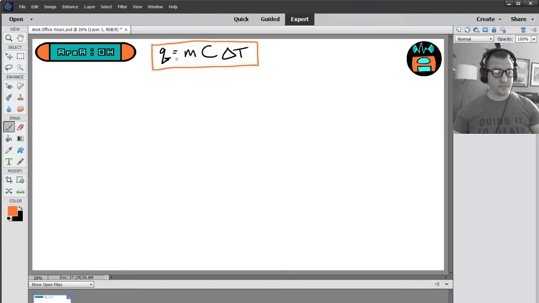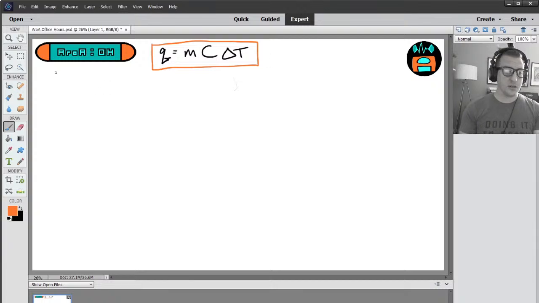M is mass, C is specific heat capacity. We said that is the amount of energy it takes to heat 1 gram of a substance by 1 degree Celsius, and then ΔT is change in temperature, which is final temperature minus initial.